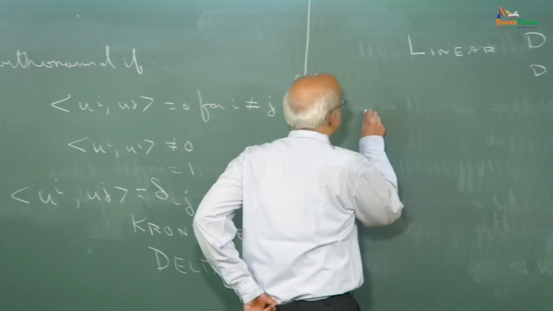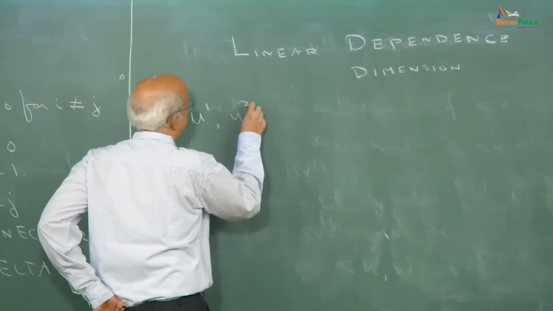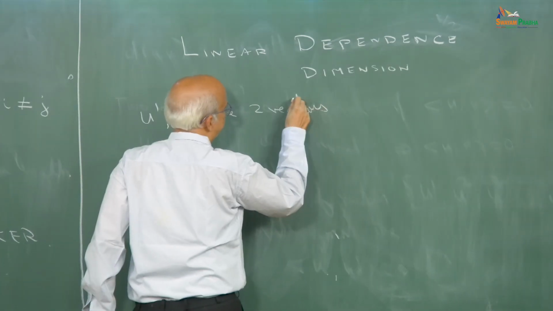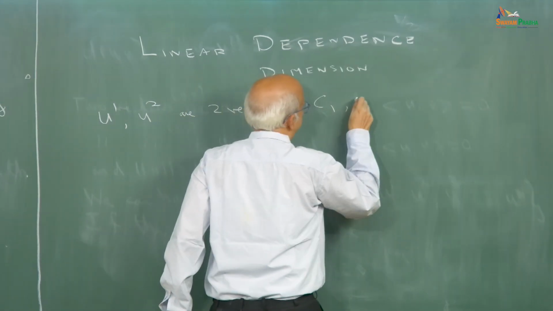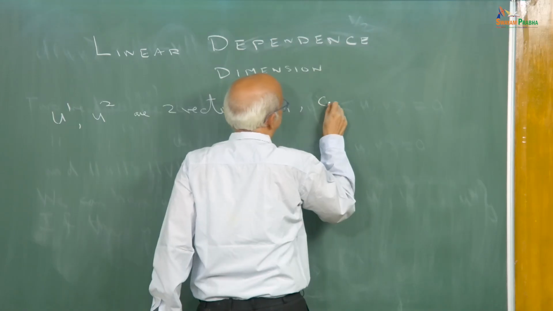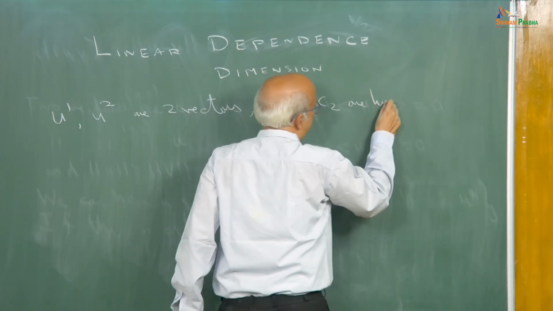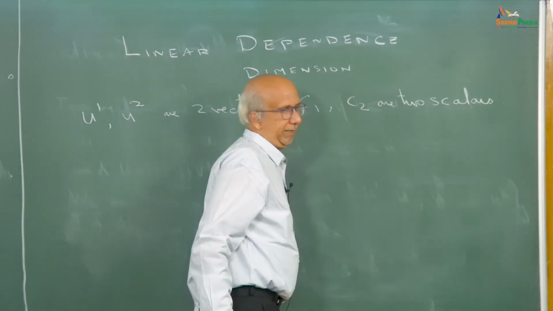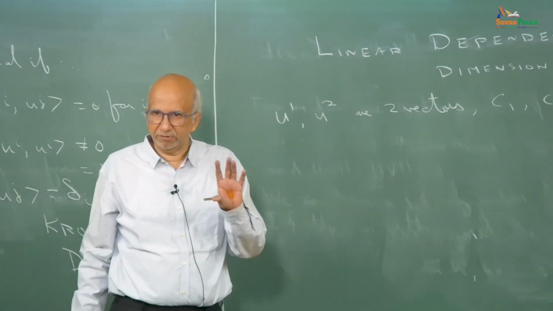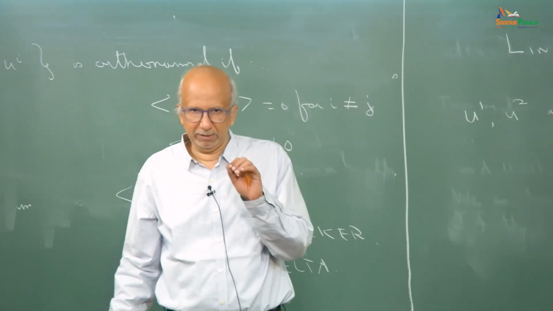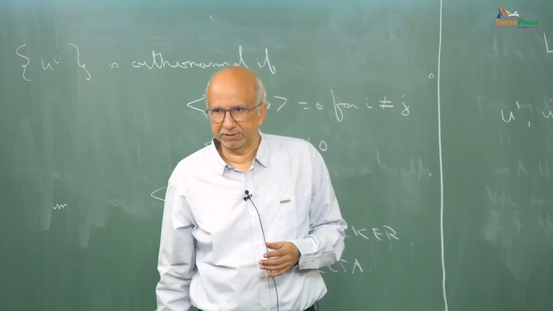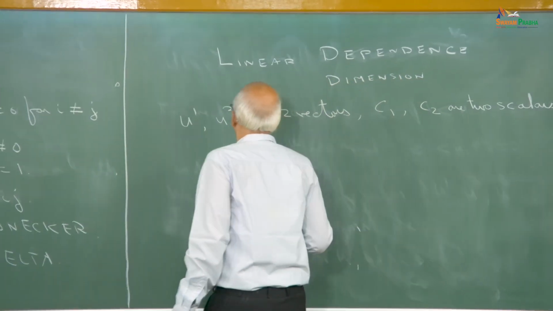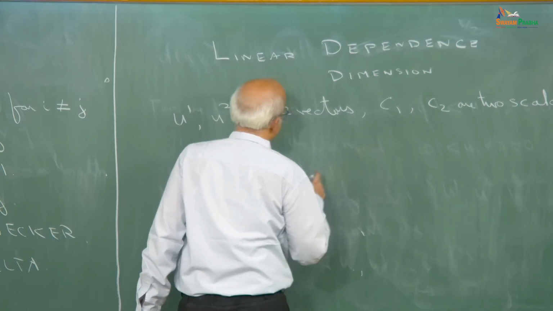Supposing I have two vectors u1 and u2, and let us say c1 and c2 are two scalars. Like I said, the vector space will have a field which has scalars, and it will have vectors which are in the vector space. So, I have both of these. And so, these are two different vectors and these are scalars.